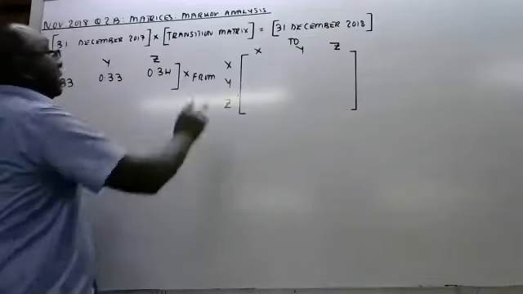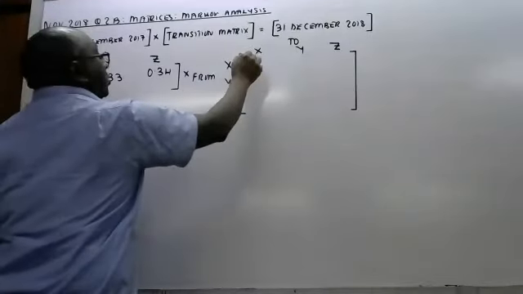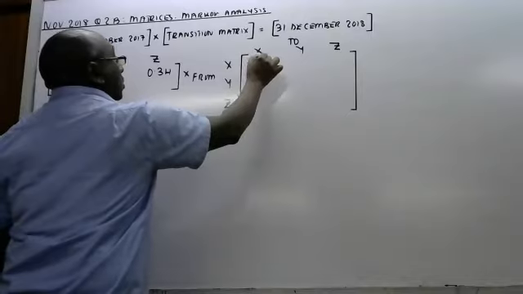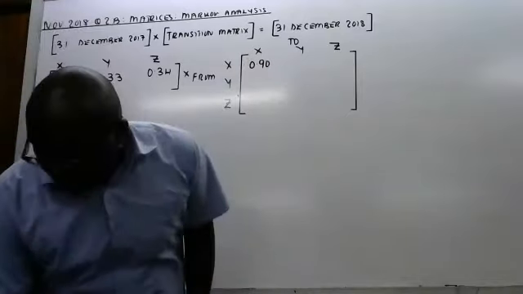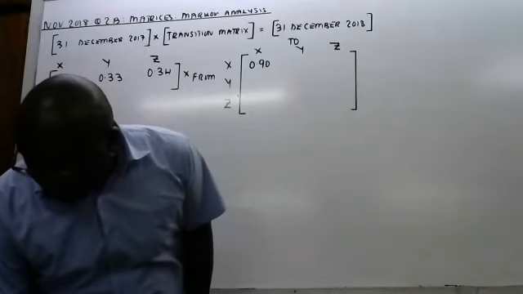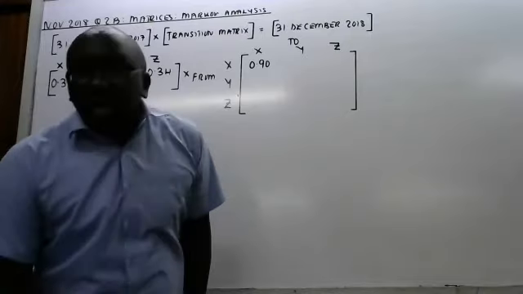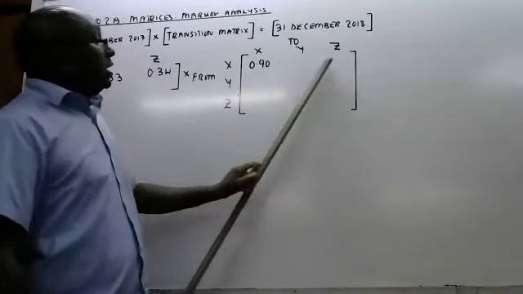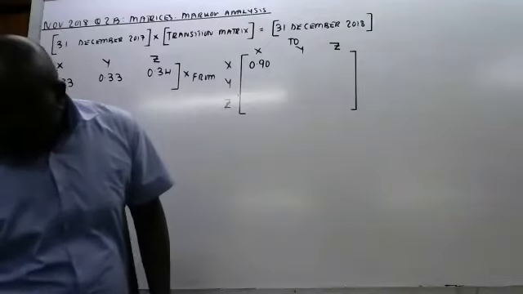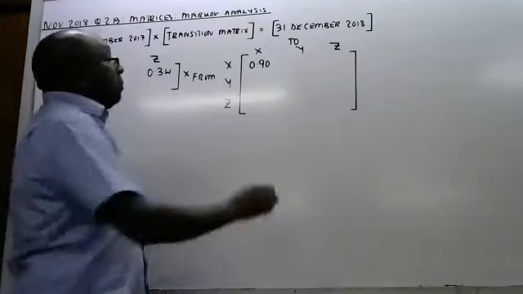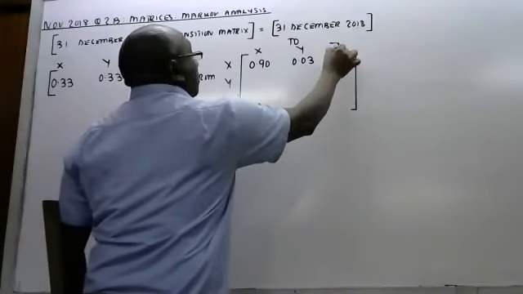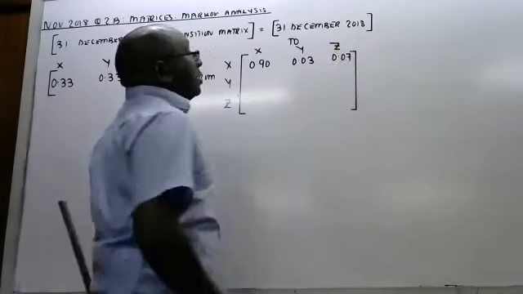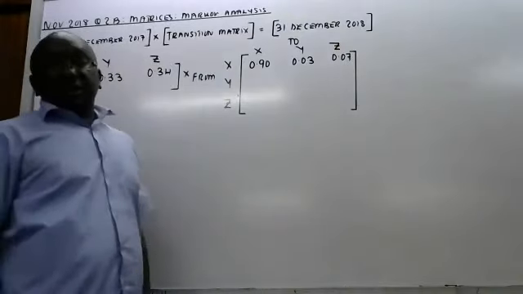So from X to X is 0.90, but they lost 3% to Y and 7% to Z. I told you losses are written on the rows. So to Y, they lost 0.03 and to Z, 0.07.